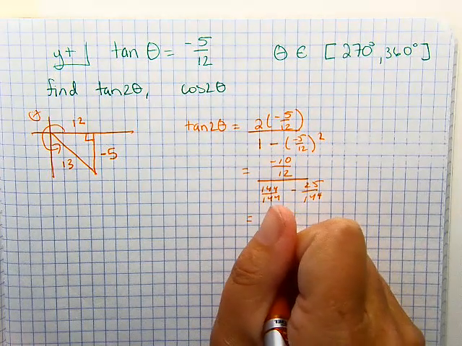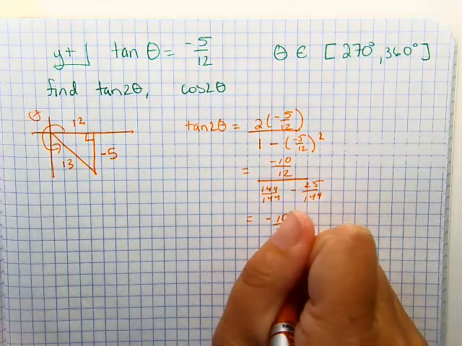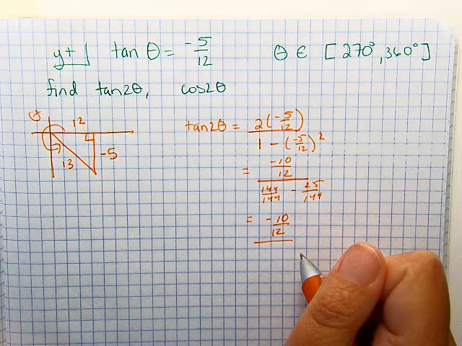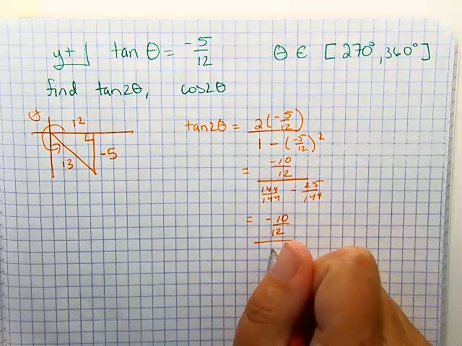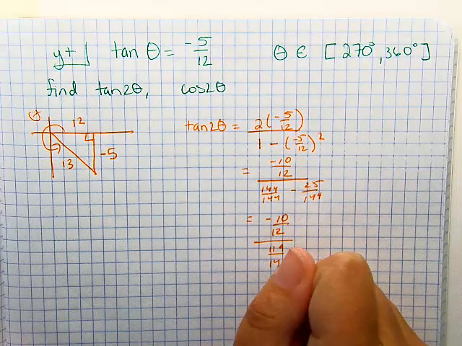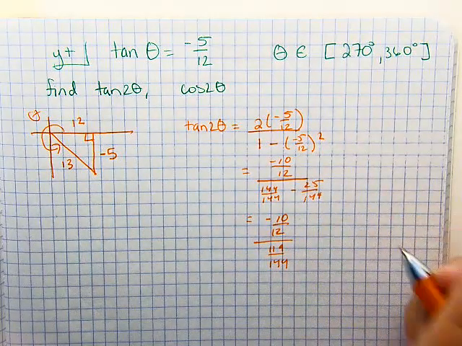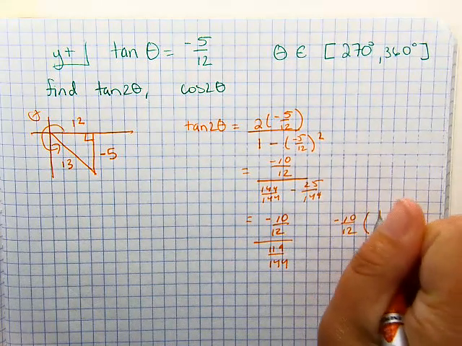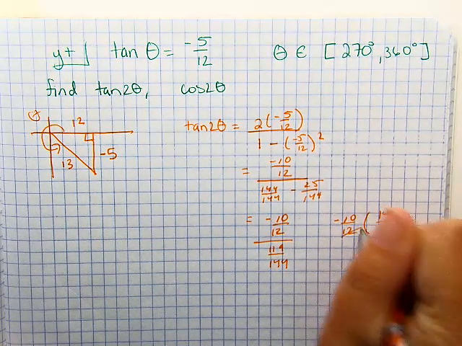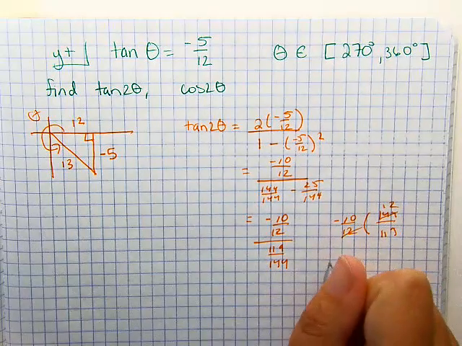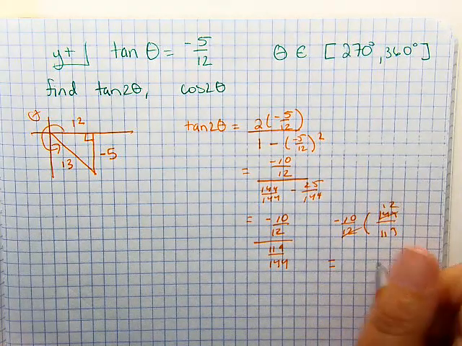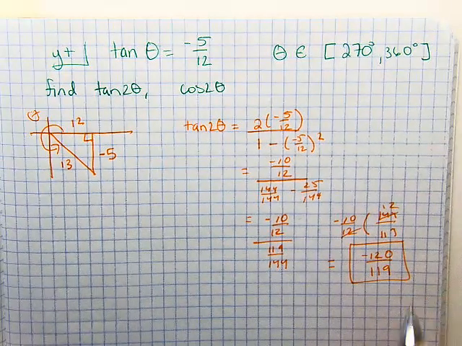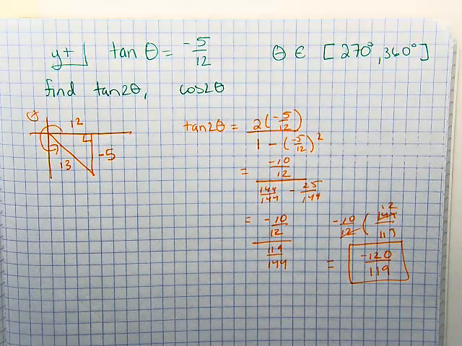This becomes -10/12 divided by 144 minus 25, 119/144. Then we'll flip and multiply. So -10/12 times 144/119. 12's cancel. And my final answer is -120/119. That is tangent of 2 theta.